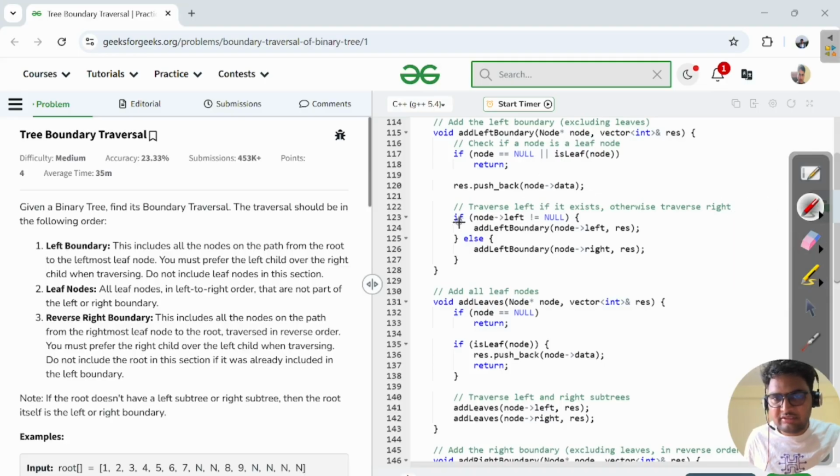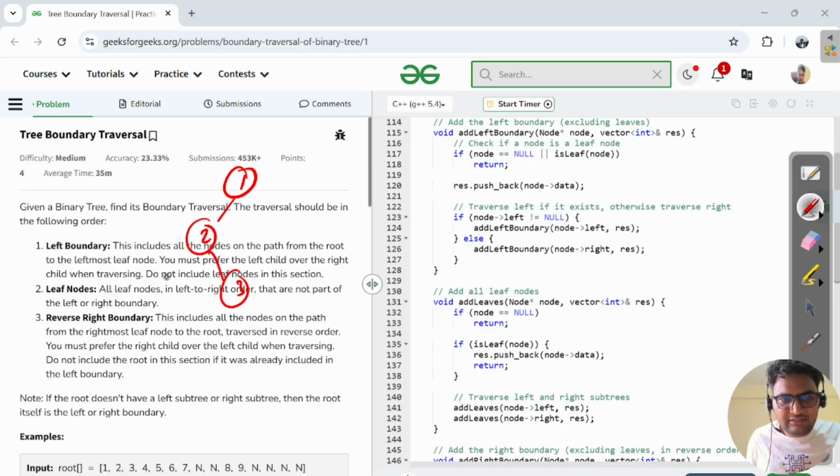Then once we have included this data in our array, we check if the left node is there, then we go to that node. Else, if the left node is not there, then we go for the right node. So in this example, for instance, here we have 1, then we have 2, right?